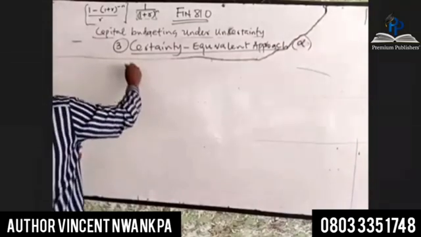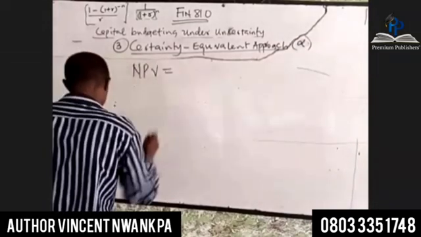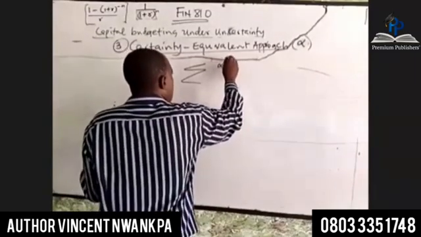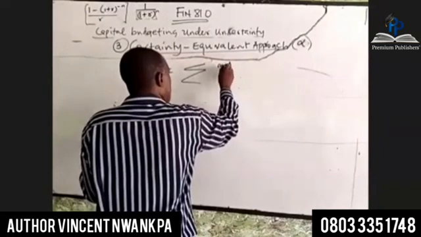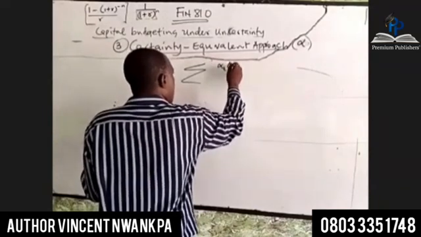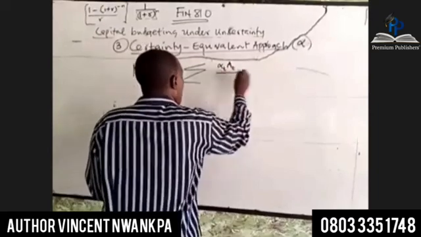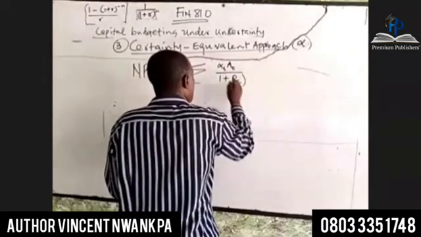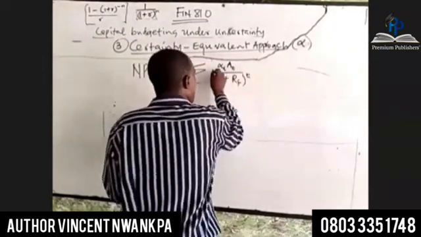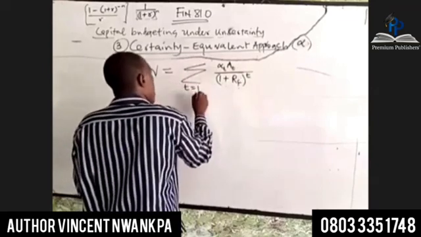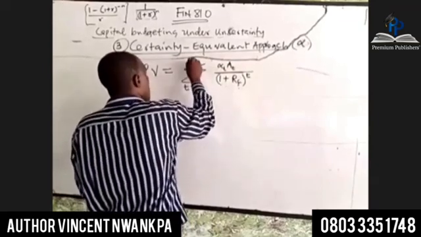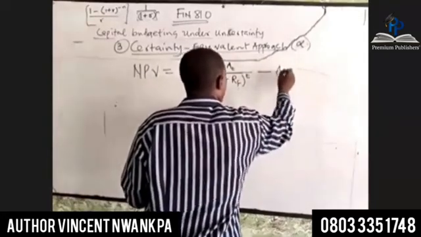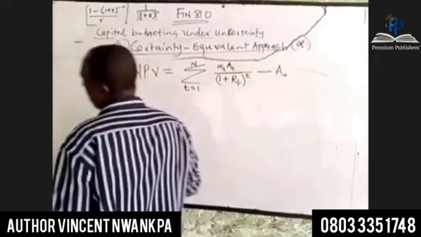So our NPV now will be the summation of alpha at time t, times our cash flow at time t, all over 1 plus the risk-free rate, which we know, raised to the power of t, starting from 1 till n, minus our cash flow at time 0.